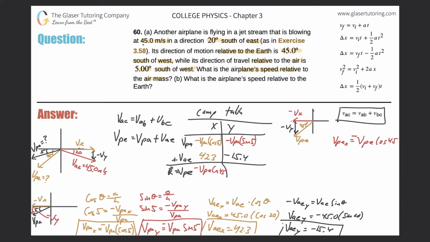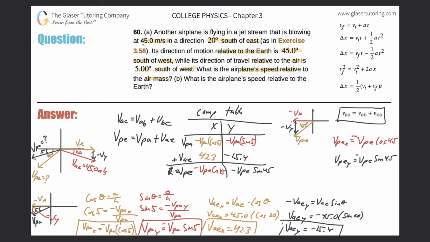Remember, that's negative of the velocity of the plane relative to the Earth in the y direction, which should be equal to the velocity of the plane relative to the Earth multiplied by the sine of 45. Then just distribute the negative, and plug that into the table. So this is negative VPE sine of 45.